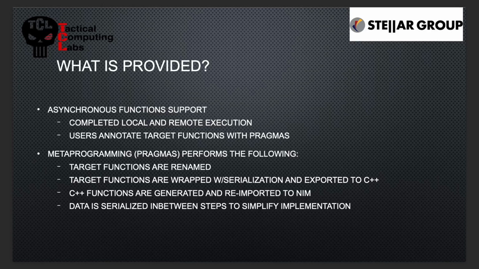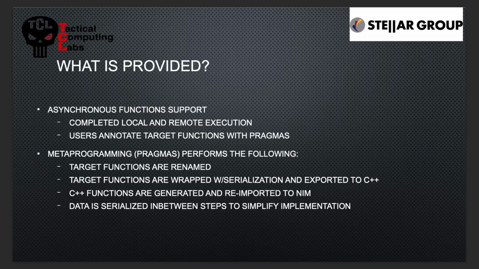Metaprogramming pragmas that indicate asynchronous functions perform the following operations. The function you've identified gets renamed. It's then wrapped with serialization code in Nim, and that code is then exported to C++. So your function goes from having a list of arguments to just a string.